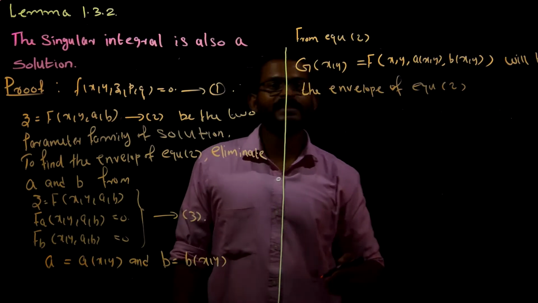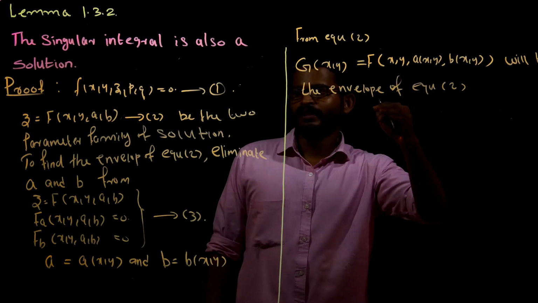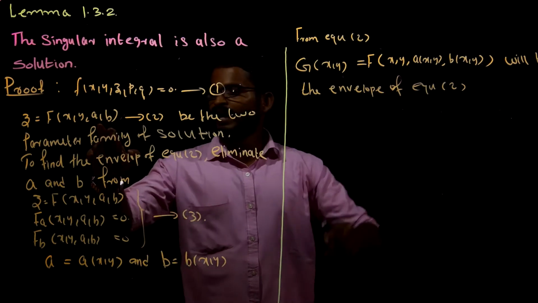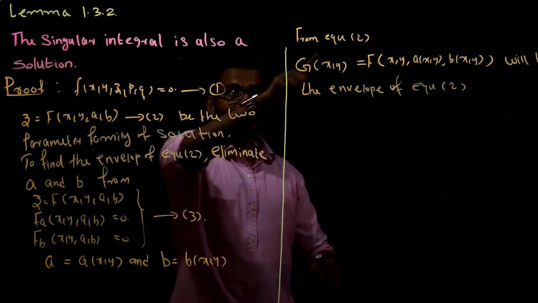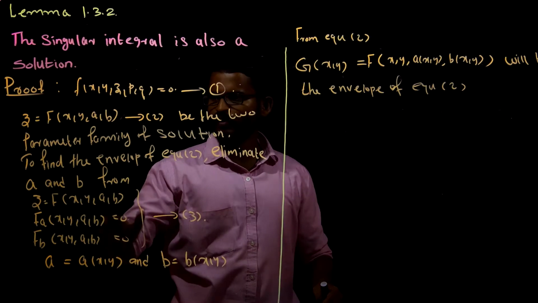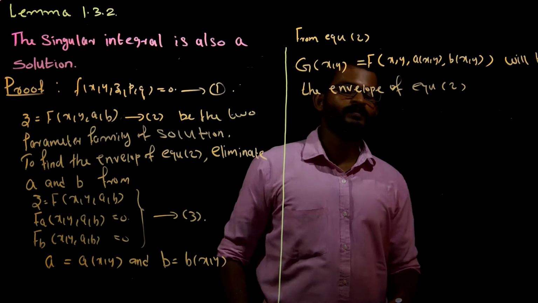That is, now we have formed an envelope for equation number 2, and that envelope is G of xy, obtained by substituting a equal to a of xy, b is equal to b of xy in equation number 2, and this will be our envelope.